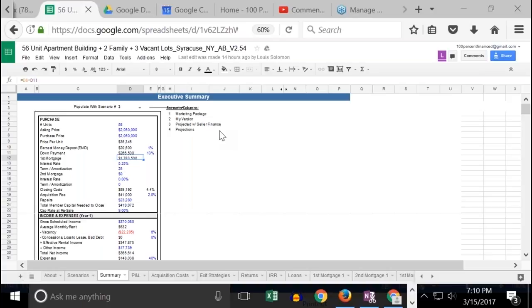Lewis and I looked over all the numbers, and we have a plan of action. On the spreadsheet, there are several scenarios, and this is our preferred scenario under the summary tab. We also have profit and loss, acquisition costs, the exit strategies, and the returns. The two tabs we're going to focus on today are the summary tab and the returns tab, so you can see how much bang you're getting for your buck.